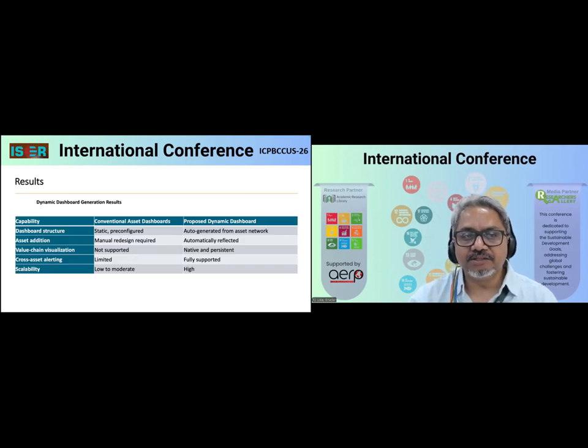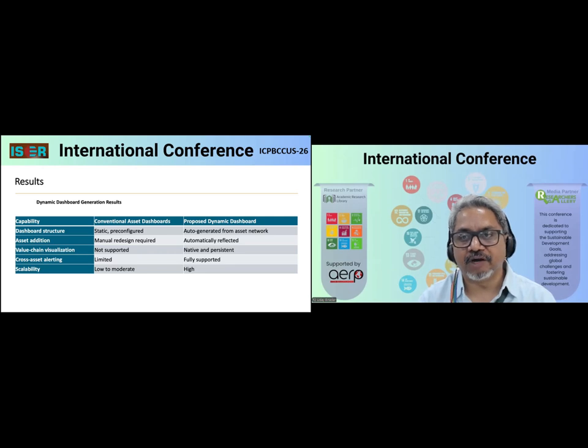In the results, if you look at dynamic dashboard generation, in the conventional asset versus proposed dynamic dashboard, it is clear that there is high scalability. The asset alerting is fully supported. The value chain visualization, the ability to look at the entire value chain end to end, is supported natively.